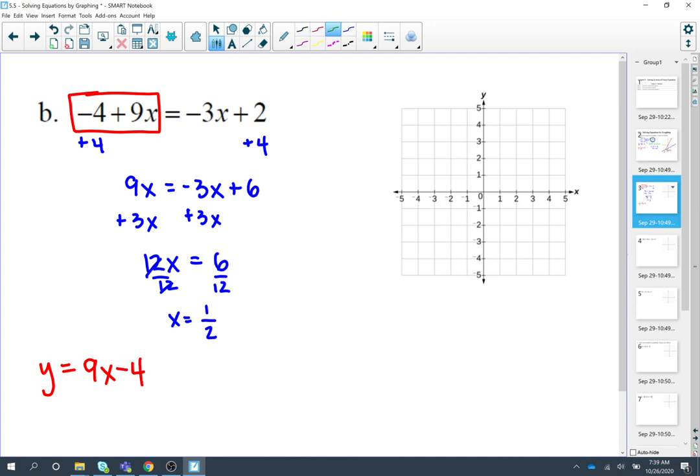Then we take the other side of our equation, which is y equals -3x plus 2. Now, on our first one, our y-intercept is a -4, and our slope is 9/1. So 1, 2, 3, 4, 5, 6, 7, 8, 9 over 1. That is a steep line.